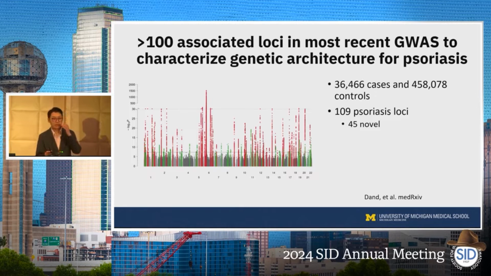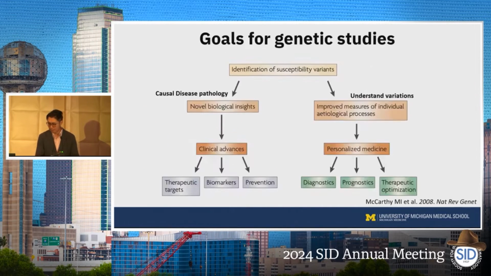This gives us a comprehensive genetic architecture of the disease to help us understand many different things. But let's step back to reveal what the main objectives of these genetic studies are.